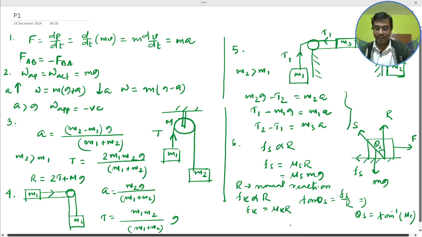Basically, the tangent of the angle of friction is equal to mu s. Mu s is the coefficient of static friction.